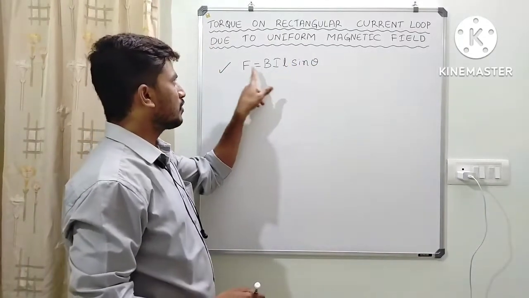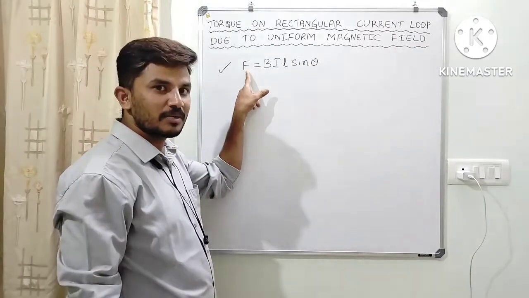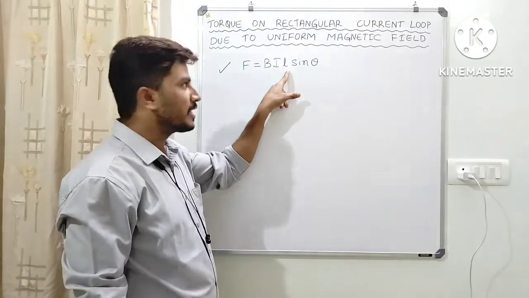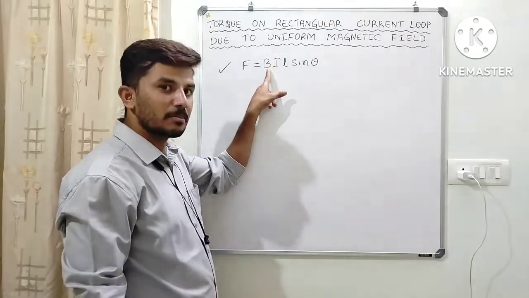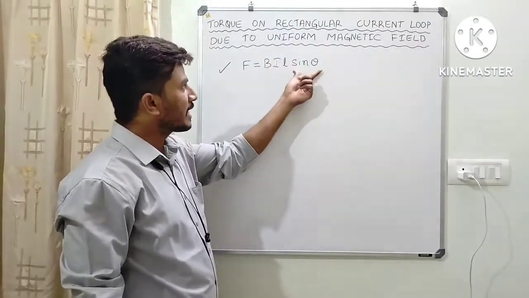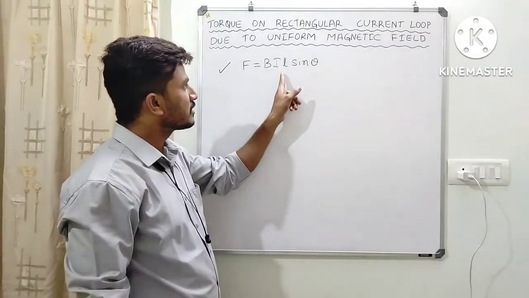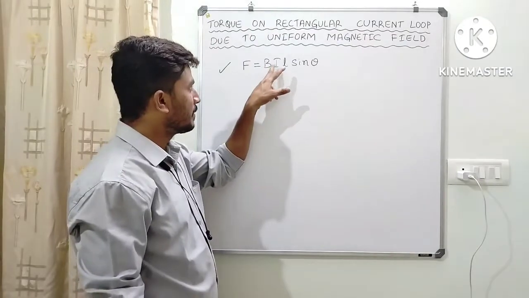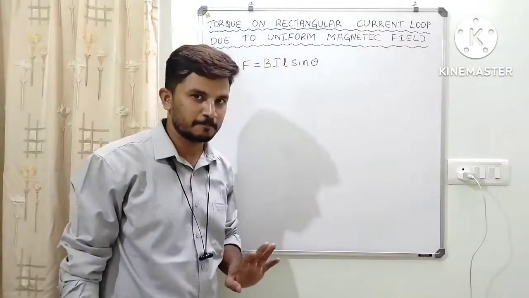This is the expression for the magnetic force experienced by a current carrying conductor of length L placed in magnetic field strength B, making an angle theta with B. Meaning the angle between B and L is theta.